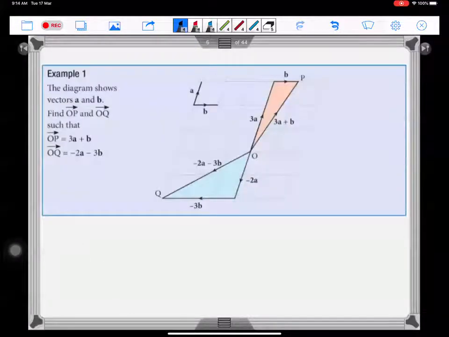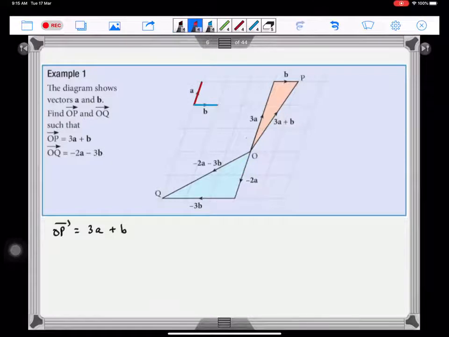Now let's look at this diagram. The diagram shows vectors A and B. So this one is A. This one is B. Find OP and OQ such that OP is 3A plus B. That means 3A would be 1, 2, 3 in this direction.